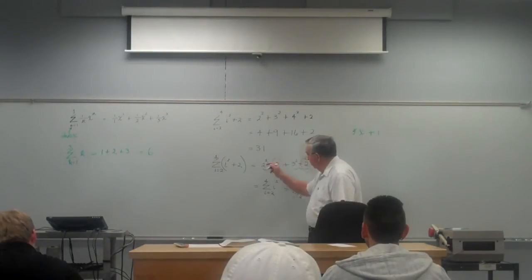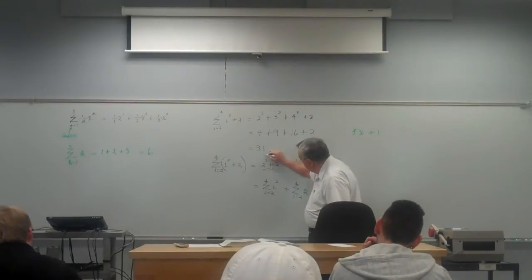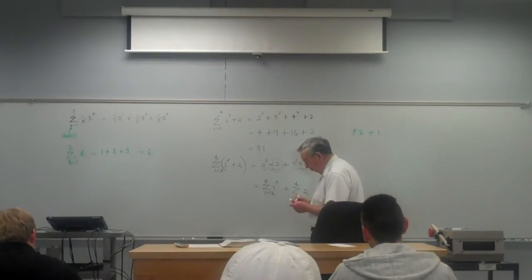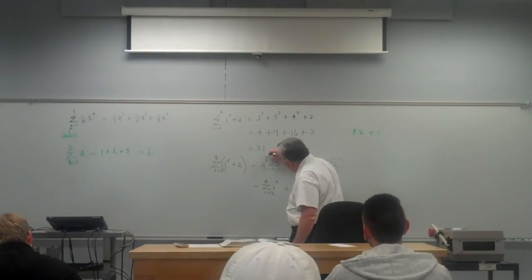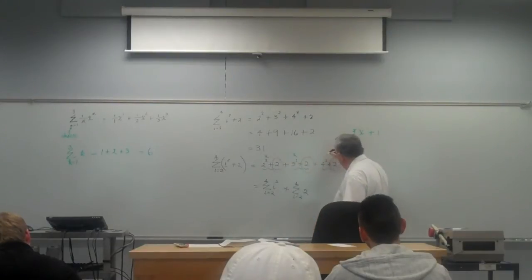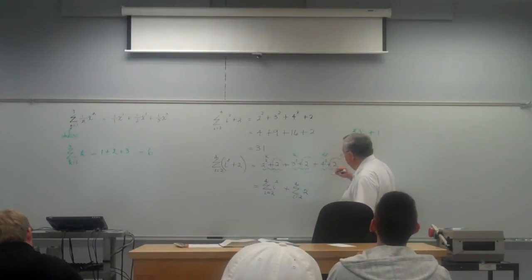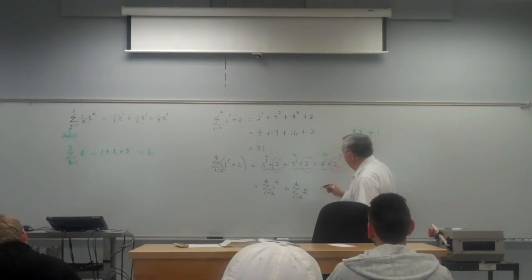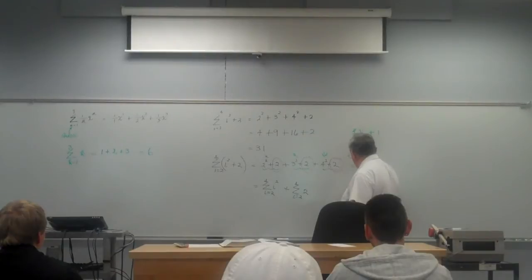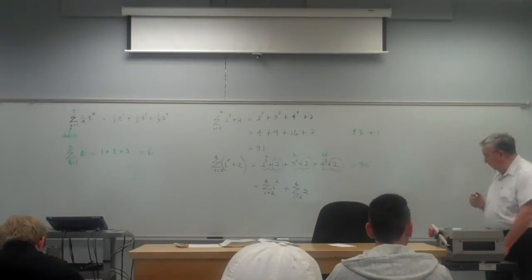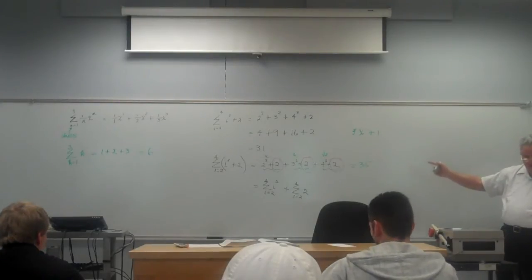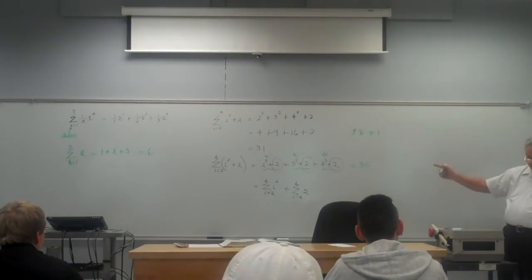Let's see. This is 4. That's 4. Let me switch colors. I want to get a number. This is 4. That's 9. That's 16. That's that. That's 29. Is that right? And then 6 is 35. Okay. I want to get a number because I'm going to do the same thing here and get the same number and convince you of that.